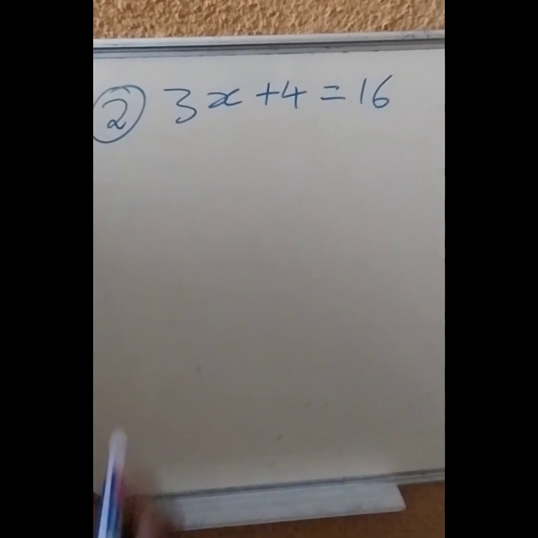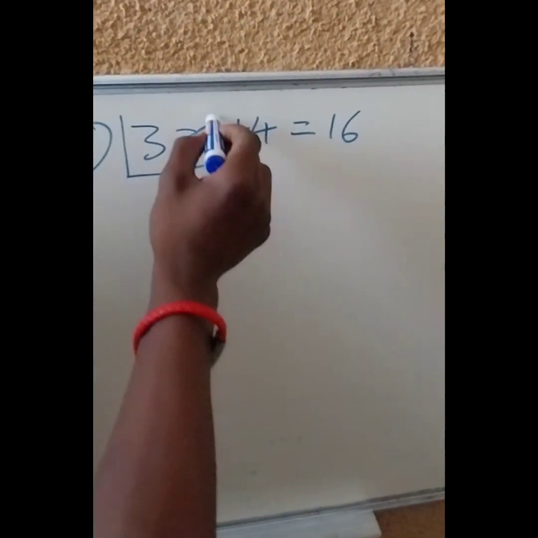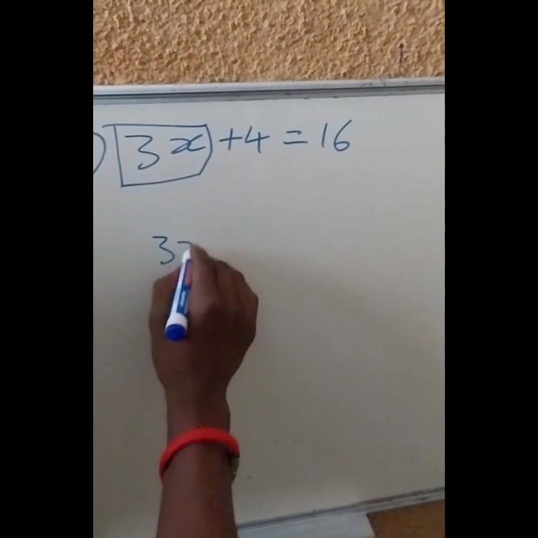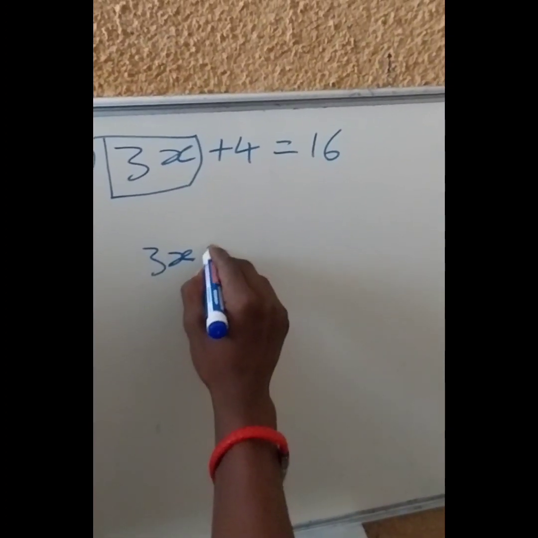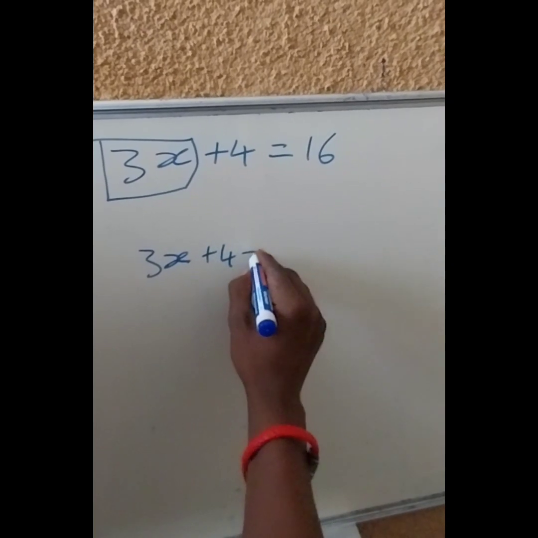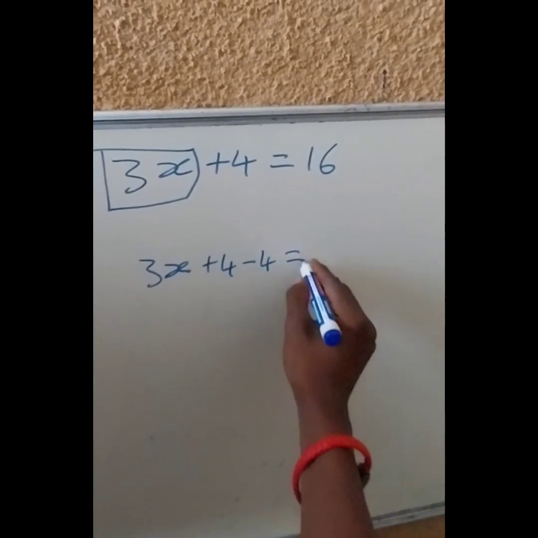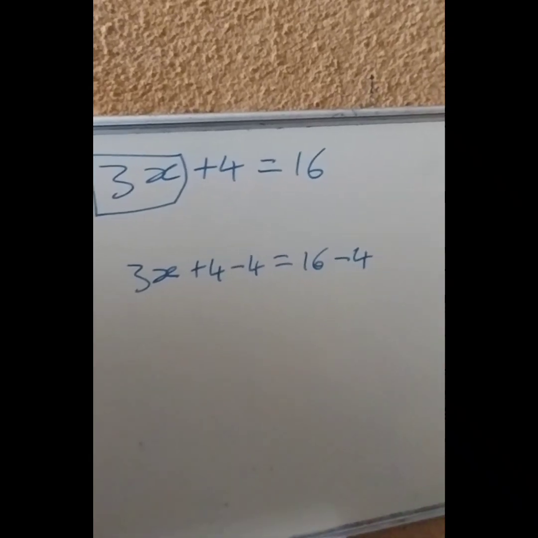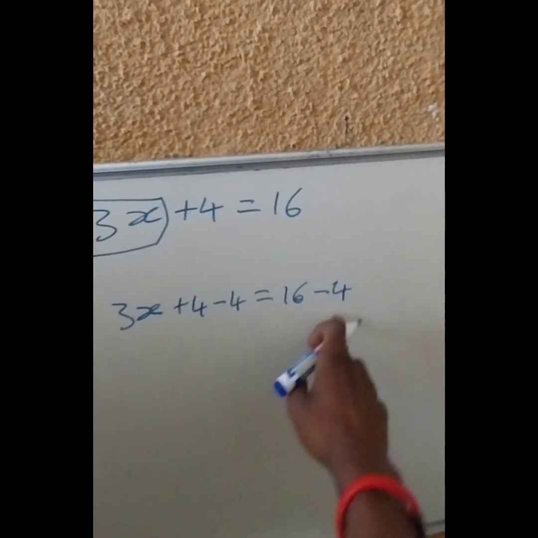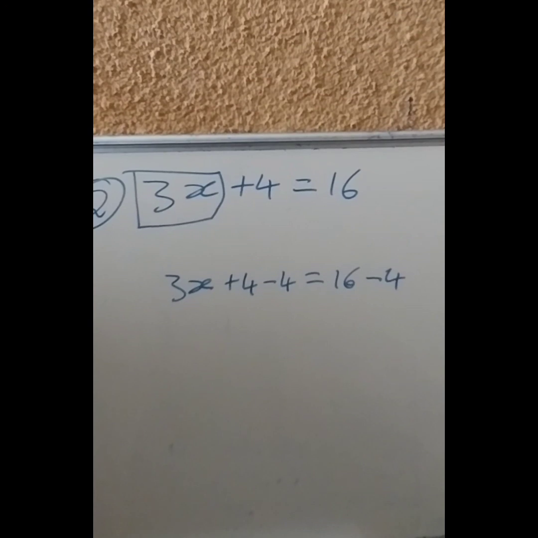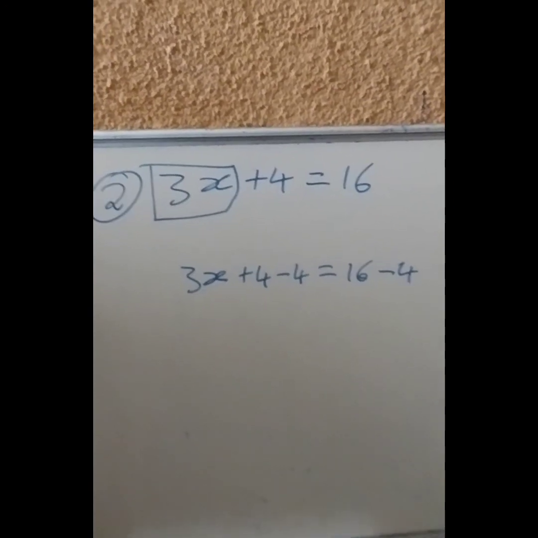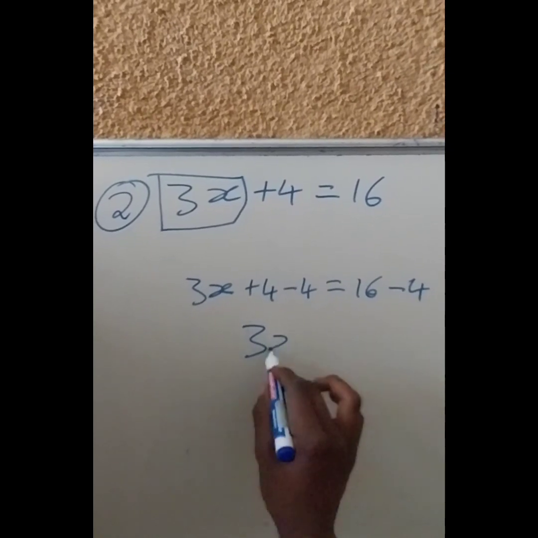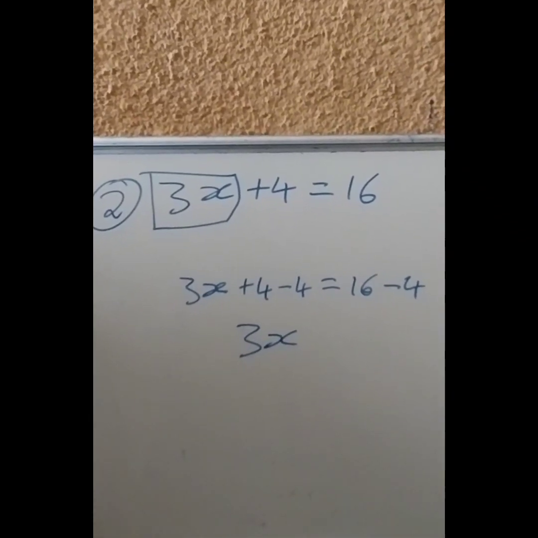Therefore, we take 3x as one thing, meaning you are going to have 3x plus 4 minus 4 equals 16 minus 4. What you apply on the left, you must also apply on the right hand side. Therefore, what are we going to have? We are going to remain with 3x on our left hand side.